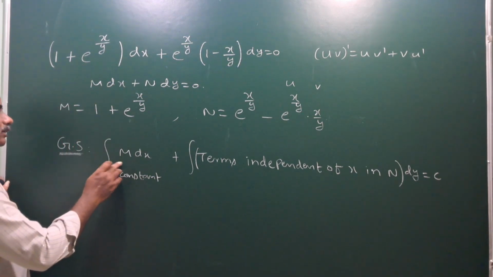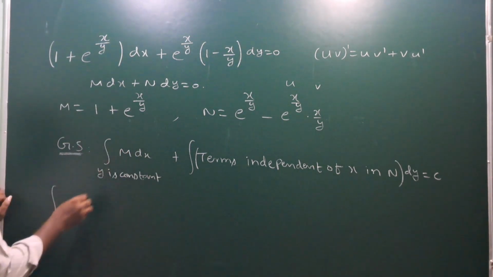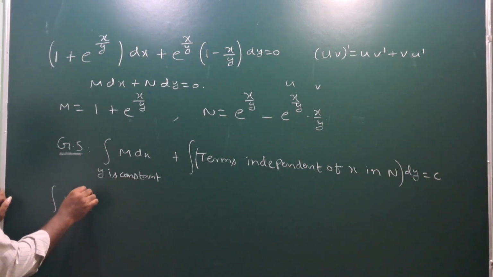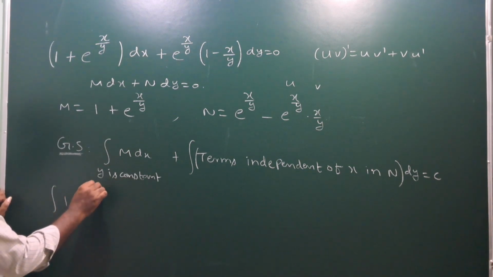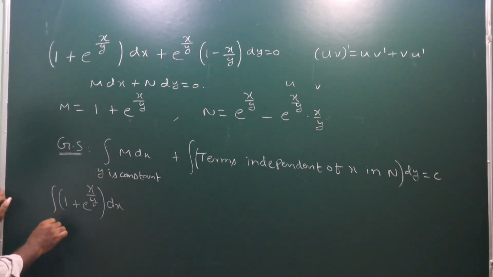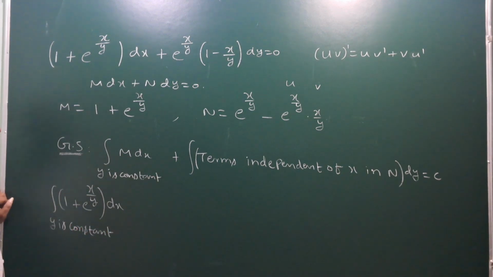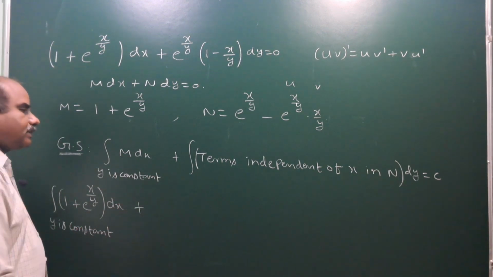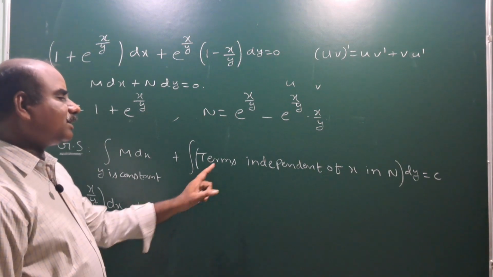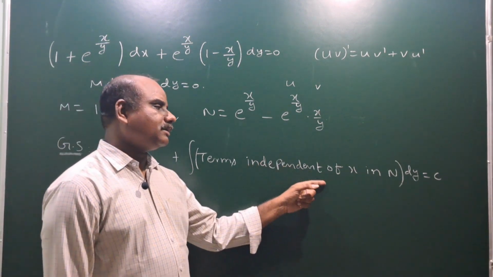So first of all, let us integrate the first term, integral m dx. M means 1 plus e power x by y, whole dx, and here y is constant, plus the second integral is like this, terms independent of x in n, that means terms without x in n.